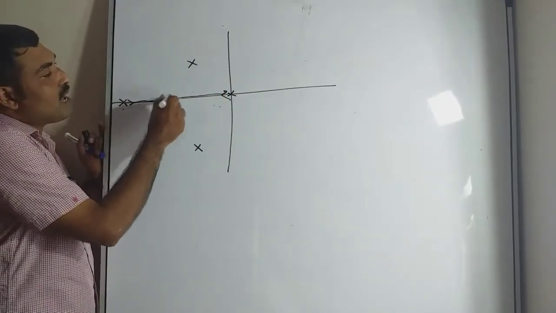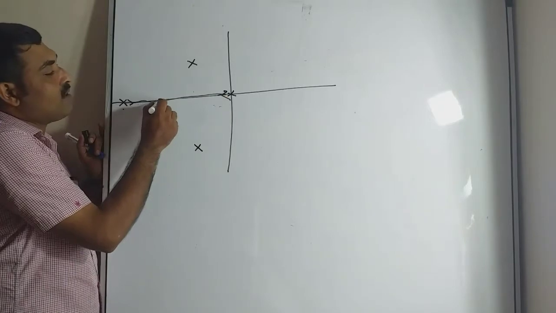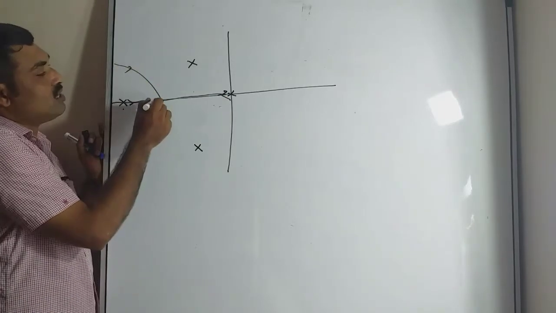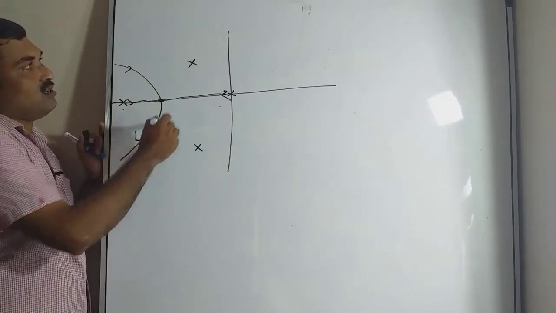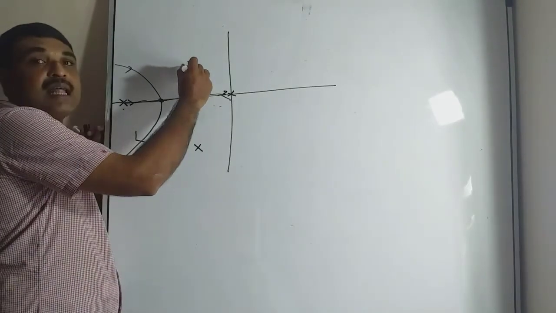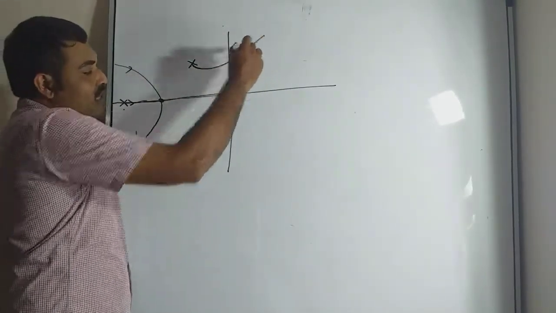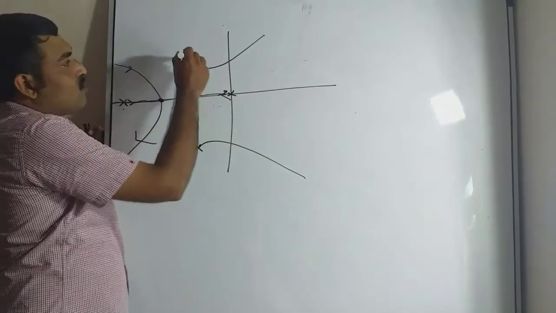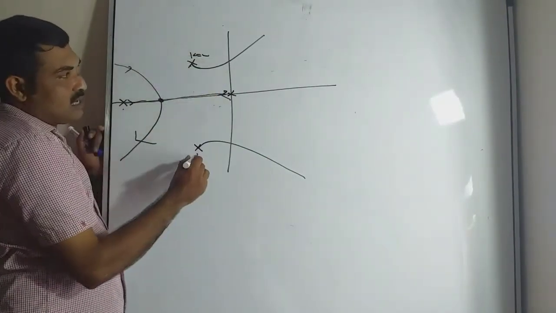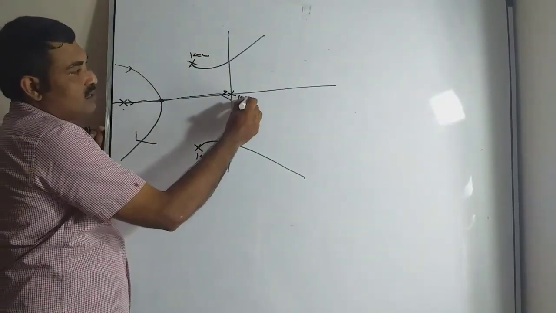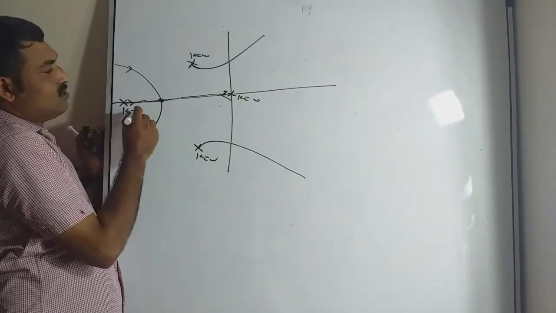This will move and meet at the breakaway point and move along this direction, and this will move along this direction. Here we have to determine the angle of departure. Here k equal to 0 at all four poles.